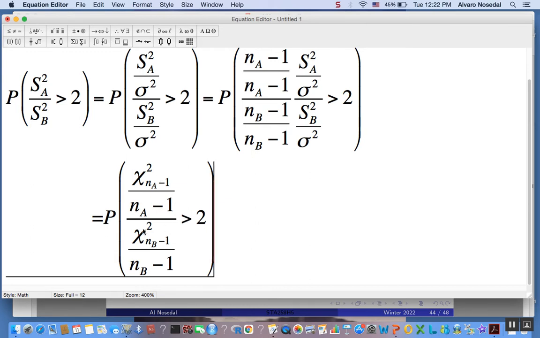We have an independent chi-square because that one is based on an independent sample. So these two are independent. It's a ratio of two chi-squares divided by their respective degrees of freedom.